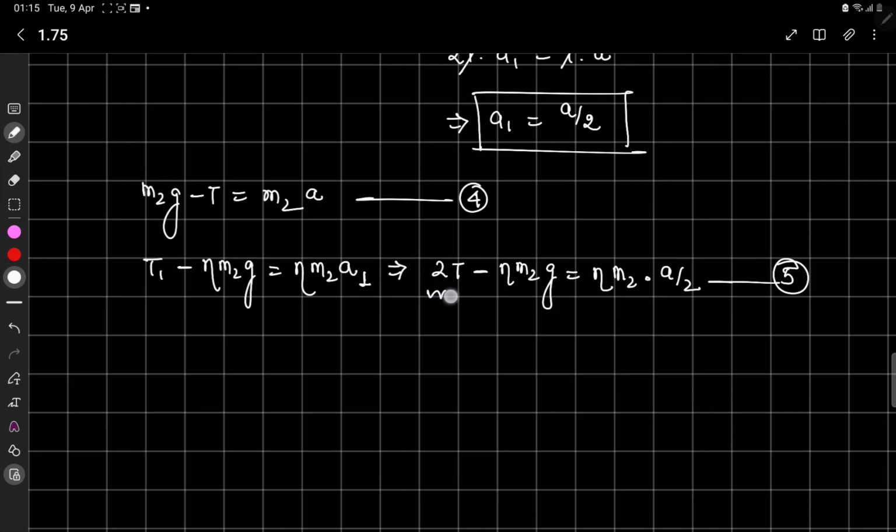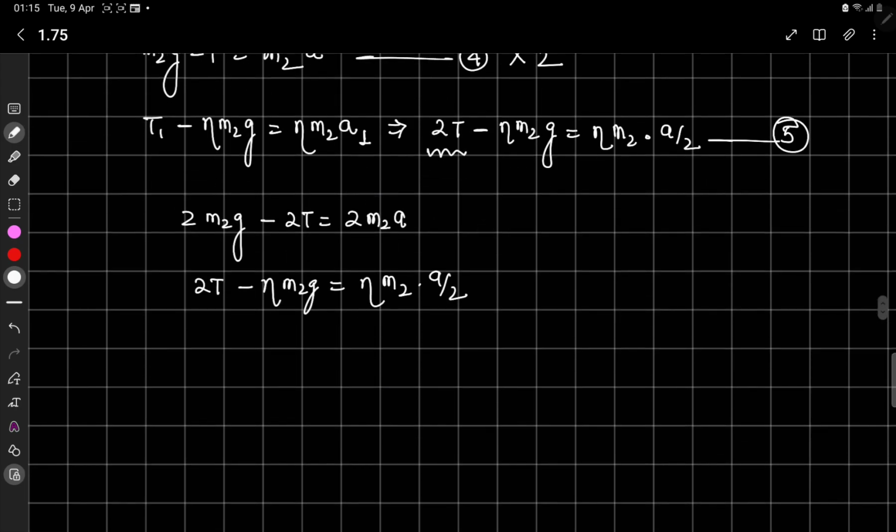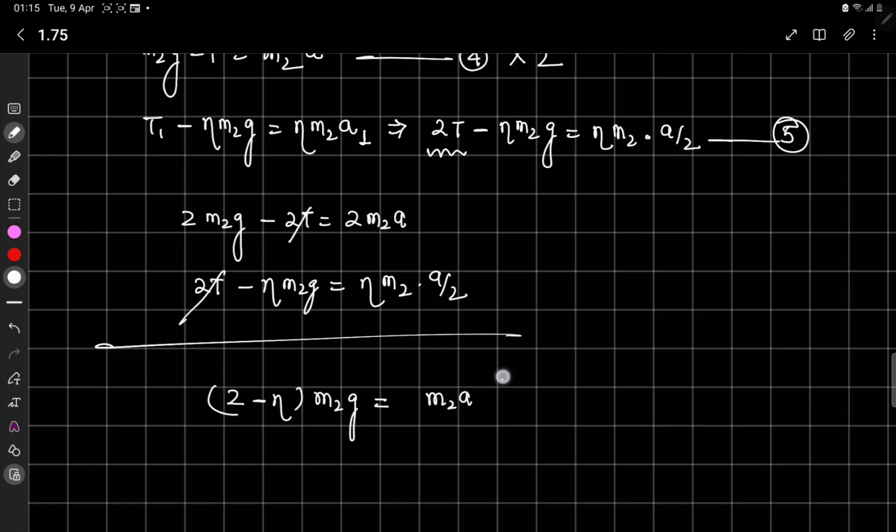Now we want to eliminate the tension force, so let us multiply the fourth equation by 2. So we will get 2 times m2g minus 2T is equal to 2 times m2a, and the fifth equation is 2T minus eta times m2g is equal to eta times m2 into a by 2. If we add these two equations, we get (2 minus eta) times m2g is equal to m2 into a times (2 plus eta by 2).